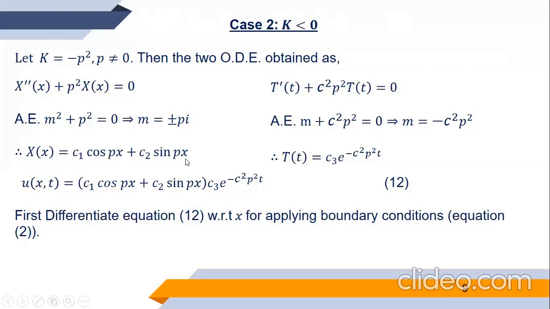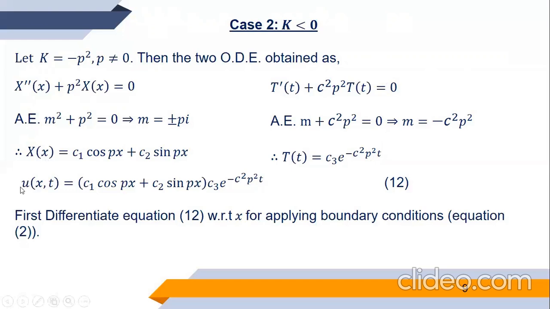In the other equation, the similar procedure, but this is a first order ODE, so we get m is equal to minus c square p square, and then we write the solution T of t is equal to c3 e raised to minus c square p square t.